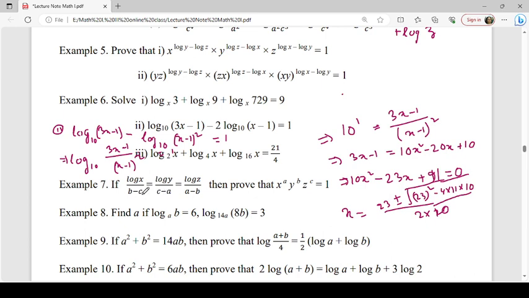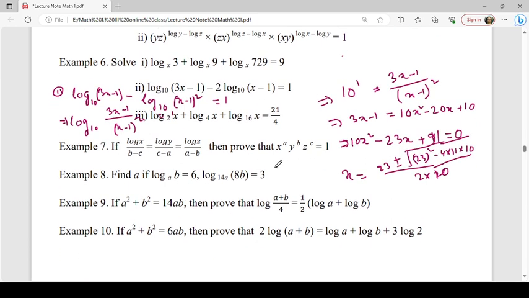Log of x by b minus c: we multiply by a, so log x is equal to ab minus ac, then b log y is equal to bc minus ac, then add all this, the denominator is 0, and we will have a log x plus b log y plus c log z is equal to 0.